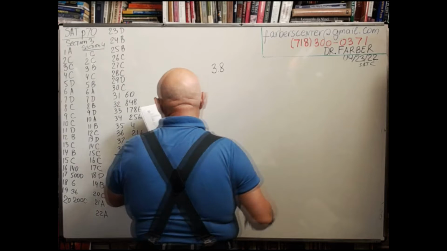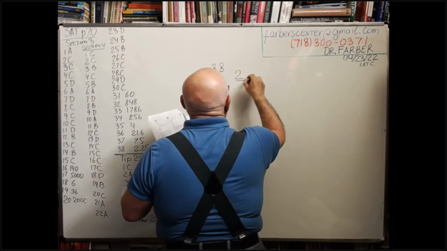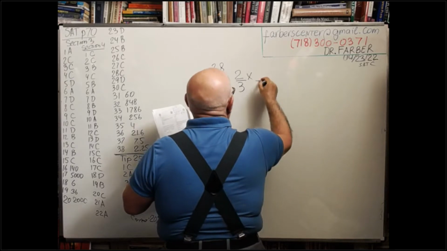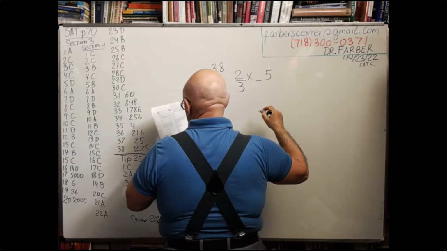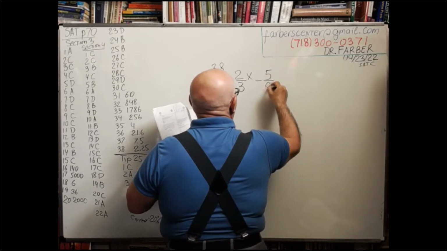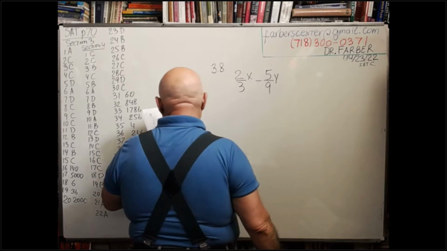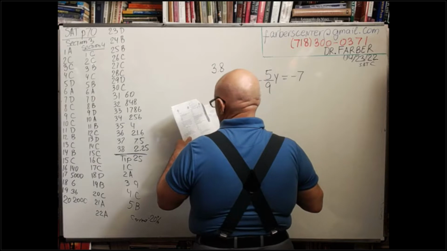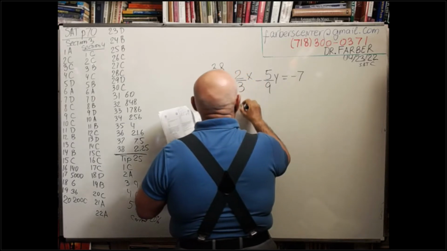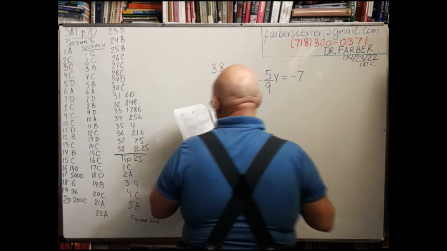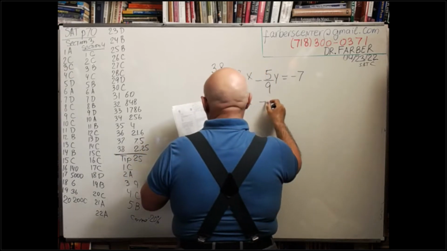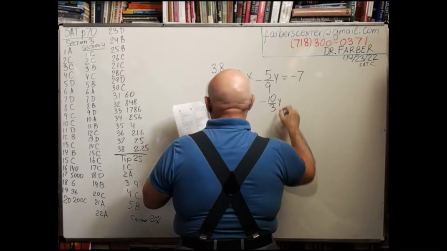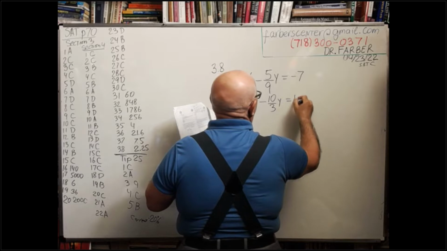we have 2 over 3x minus 5 over 9y equals negative 7, and bx minus 10 over 3y equals 17.